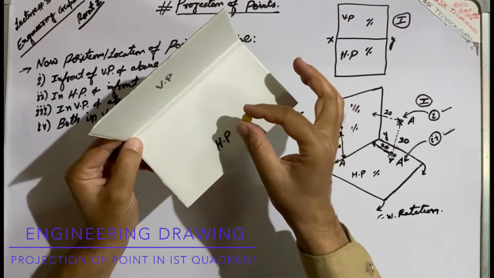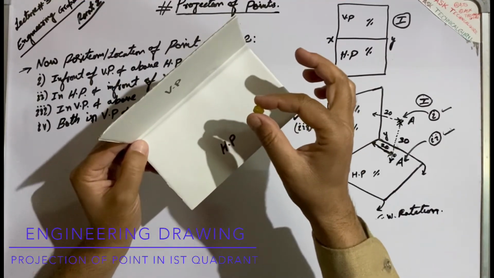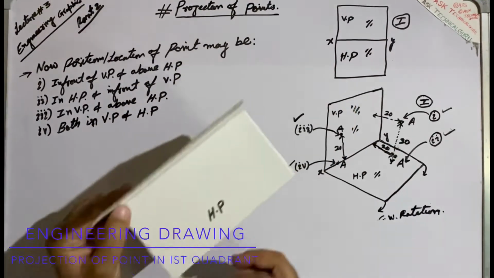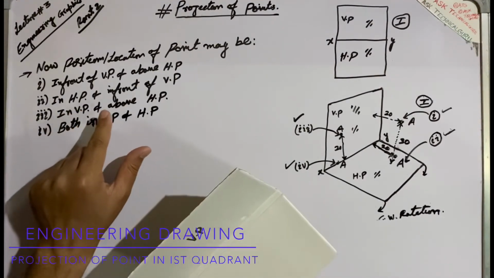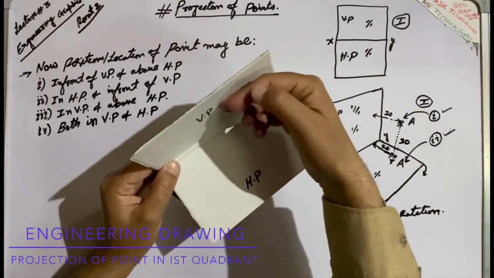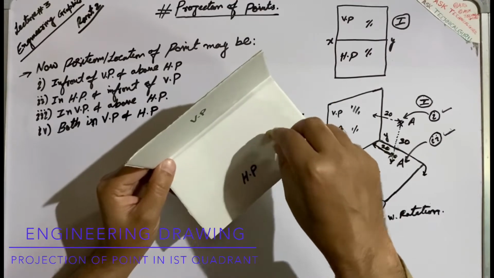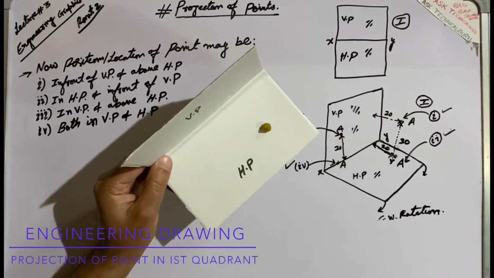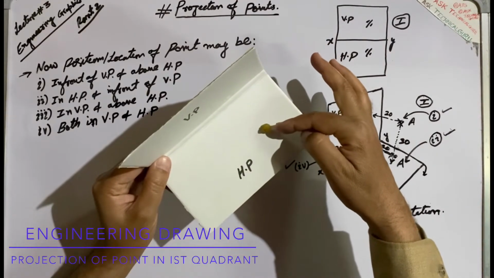This is above the horizontal plane and in front of the vertical plane. Now condition number second, in the horizontal plane and in front of the vertical plane. In front of means it is away from this, but in the horizontal plane it will lie on this horizontal plane. This is in front of the vertical plane but in the horizontal plane.